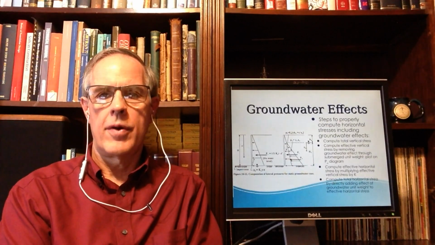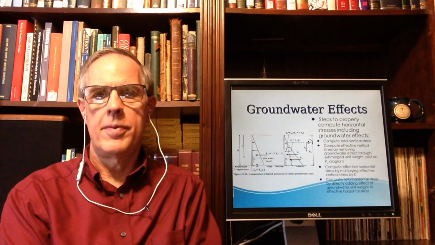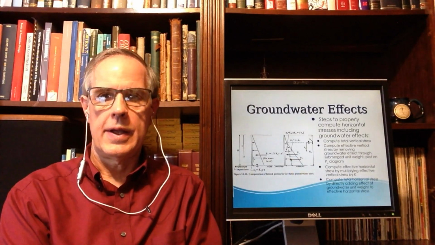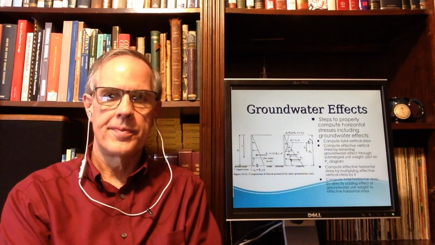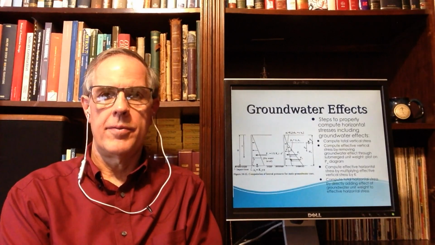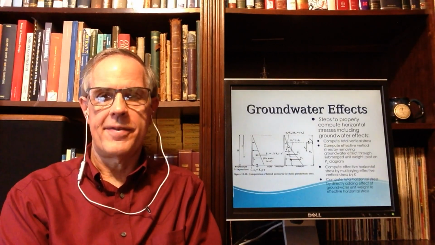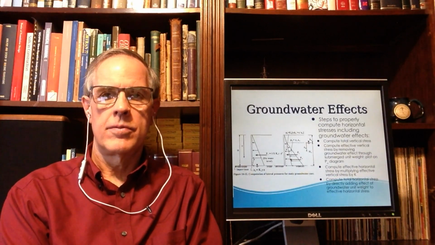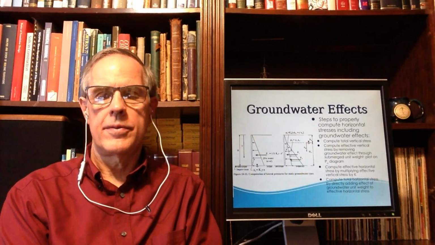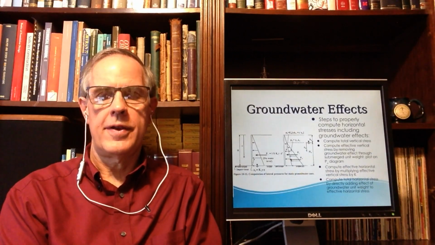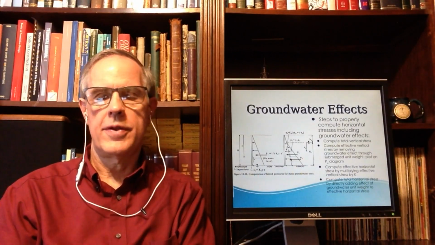We need to mention groundwater effects. I spent a lot of time in soil mechanics on this issue, and we'll spend some here as well. Groundwater has two basic effects on the lateral earth pressures. The first effect is the same effect it has with effective stresses.